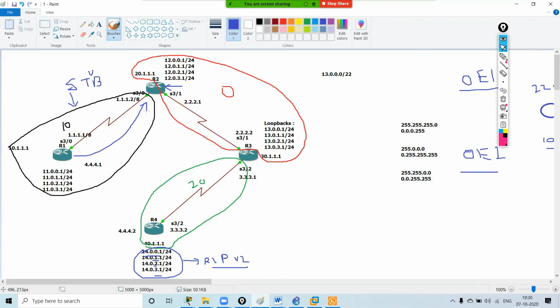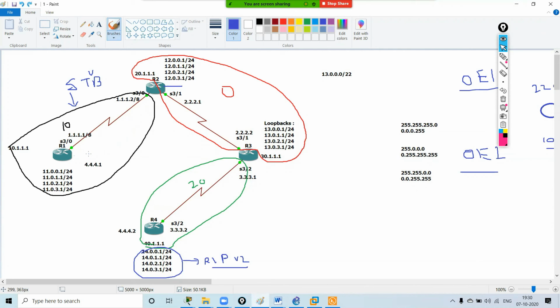Correct? So I'll make this area a stub area. If I make any area a stub area, I will not get LSA 5 routes inside the area.